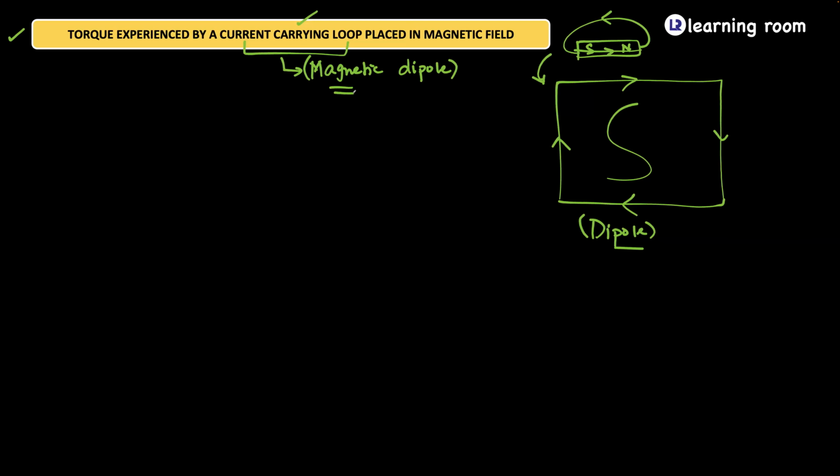So the conclusion is every current carrying loop will act as a magnetic dipole.